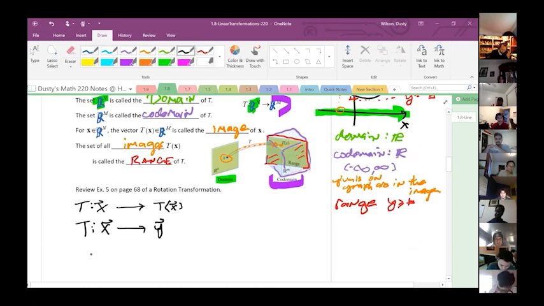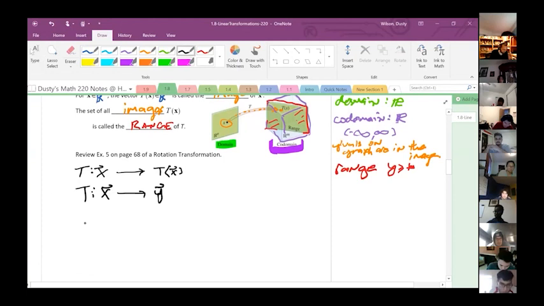Or you could use a matrix A. We're going to have this coming up. So you could say A is going from X to Y, or X is going to AX.